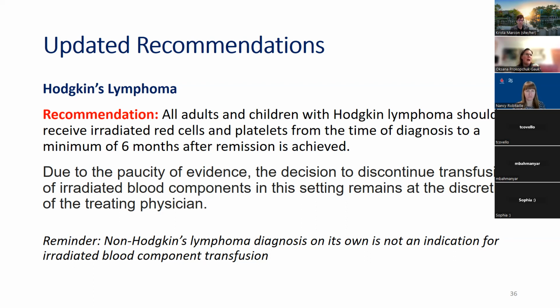Whereas if it's someone who had a high stage or grade of Hodgkin lymphoma, let's say they're in remission, but then 2 years later develop some other chronic transfusion disorder such as myelodysplastic syndrome, well, one could make the decision that perhaps that's a patient that would require irradiated blood transfusion due to their complicated course in this post-cancer situation with an underlying Hodgkin lymphoma diagnosis at the outset. So there really needs to be that clinical consideration of the individual patient case for situations like this, where there really is minimal data around to provide a firm response or a firm decision.